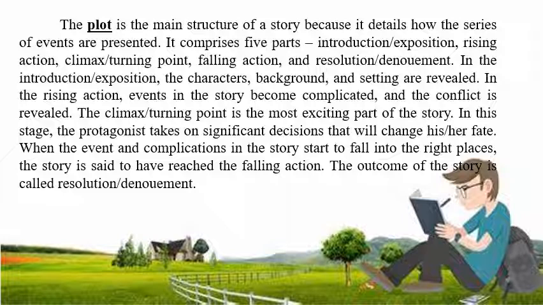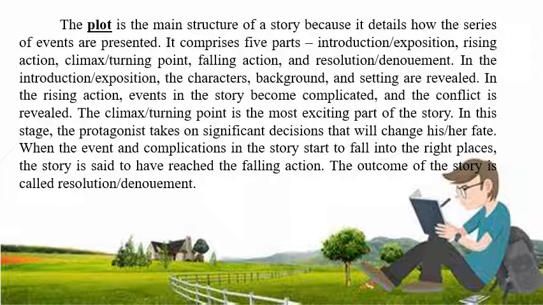The plot is the main structure of a story because it details how the series of events are presented. It comprises 5 parts: introduction or the exposition, rising action, climax or the turning point, falling action, and resolution or the denouement. In the introduction or the exposition, the characters, background, and setting are revealed.